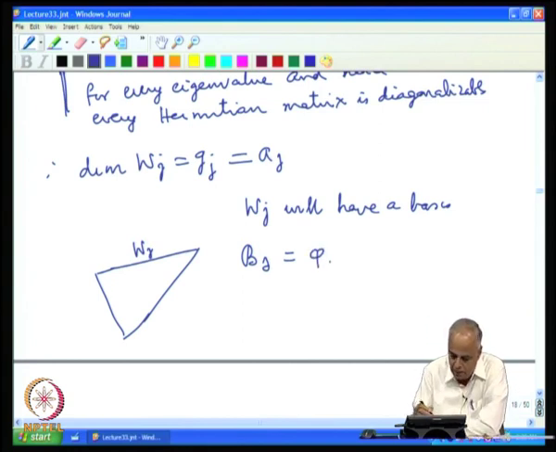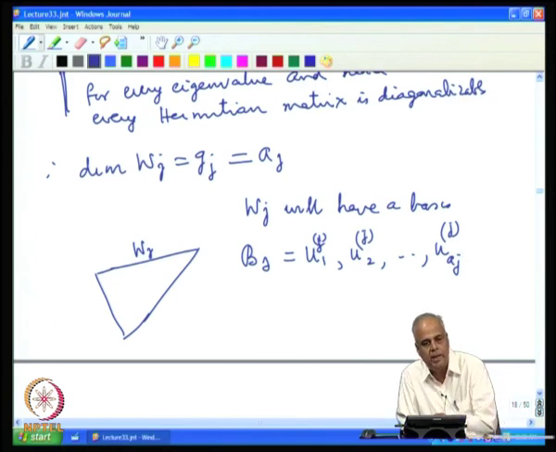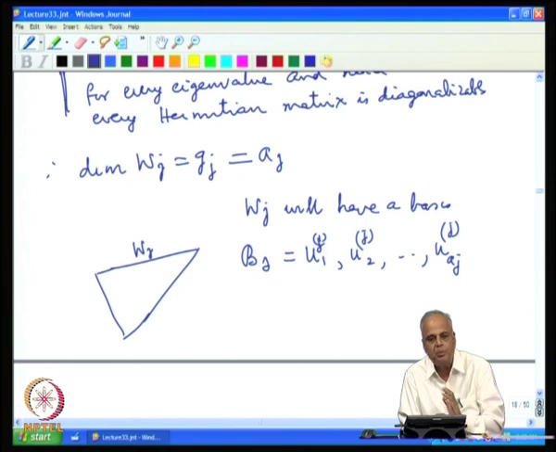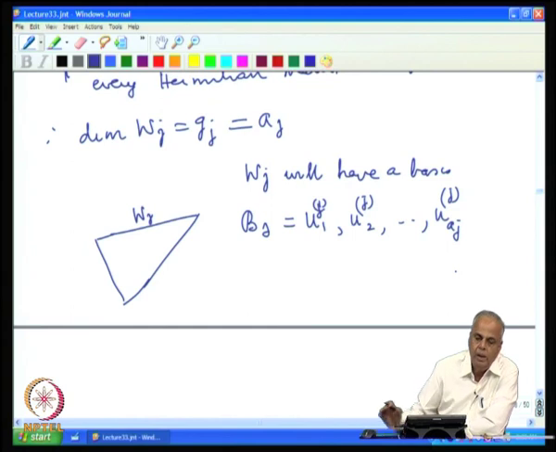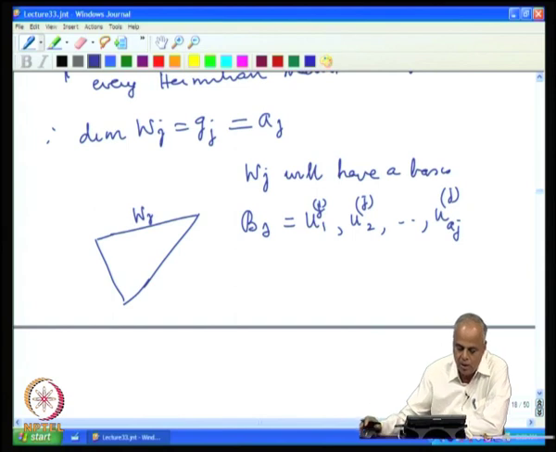Let me call them Uj1, Uj2, and so on up to Uj Aj. The superscript j says that you are looking at the jth eigenspace, and the subscript gives the numbering, the ordering of the basis vectors. So, any basis of Wj will have Aj vectors, and now we can apply Gram-Schmidt to this to get an orthonormal basis for Wj.